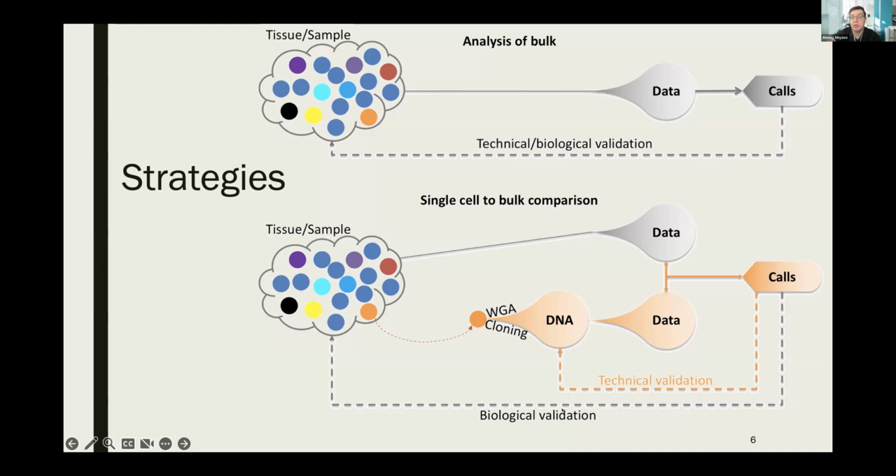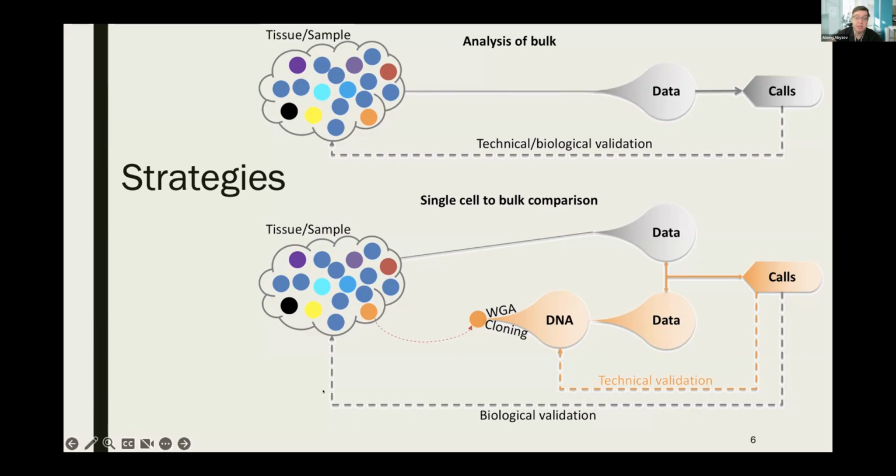What is the limitation of technical validation? In principle, you can maybe validate all of your calls and say, well, I have 100% sensitivity and specificity, but that may reflect some of the artifacts that you introduced during generating the DNA. If you do biological validation, you are free of this amplification step, but the limitation is that some mutations, which are very rare, you may not be able to ever validate simply because they're extremely rare.